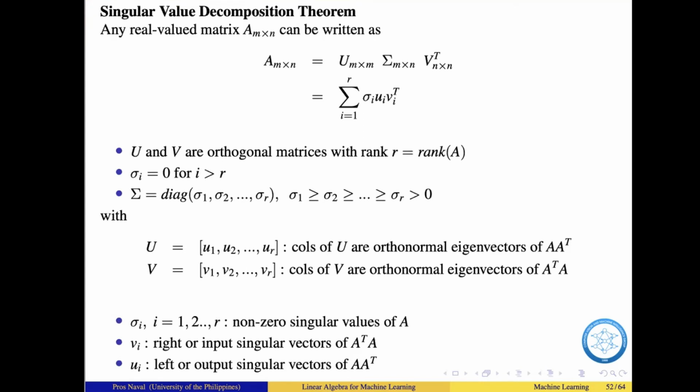We now come to the most important part of today's lecture. That is the singular value decomposition theorem.